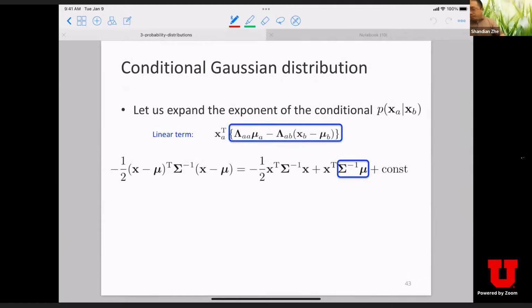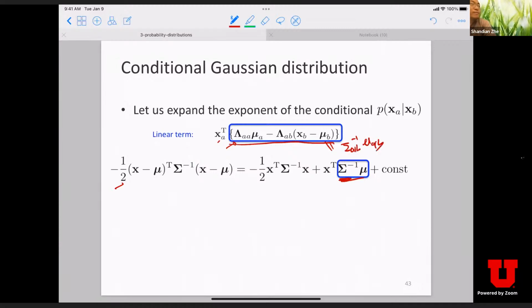From the linear term, we see that it is this guy who does a dot product with XA. If we expand a general Gaussian distribution, in the linear term, it is sigma inverse mu who does a dot product with X. So this guy must correspond to the conditional covariance inverse times the conditional mean.